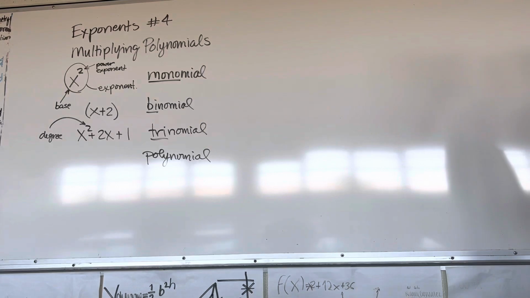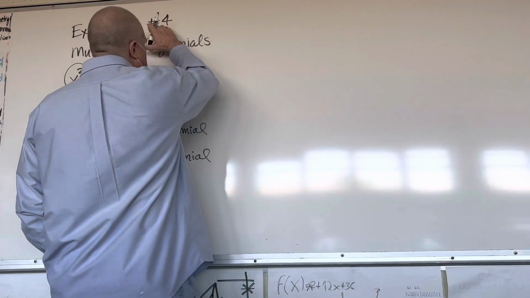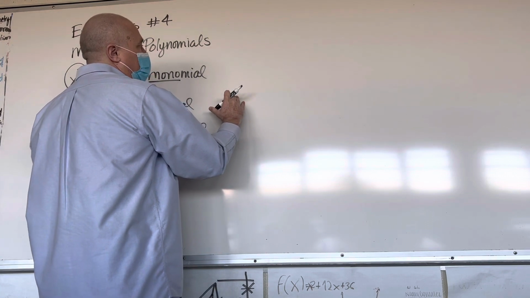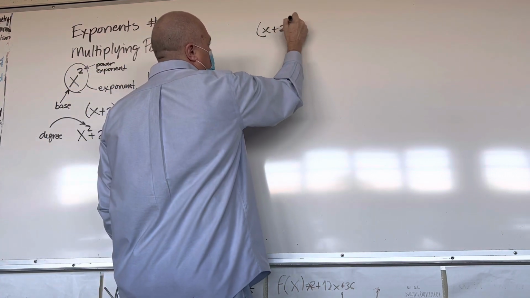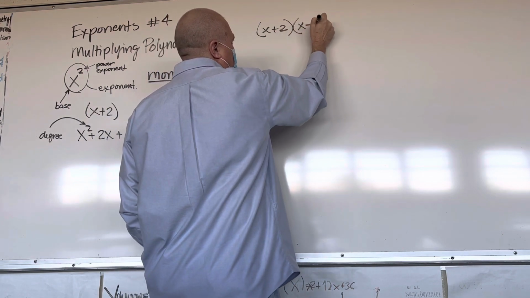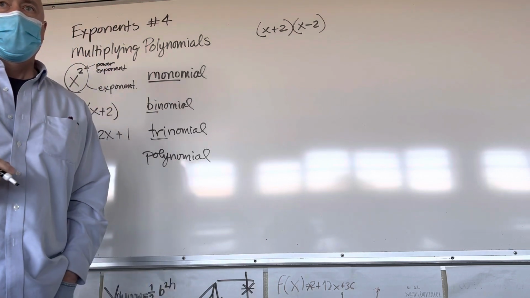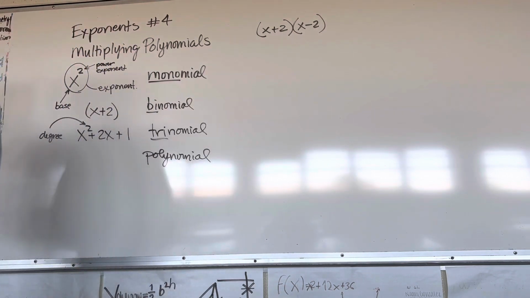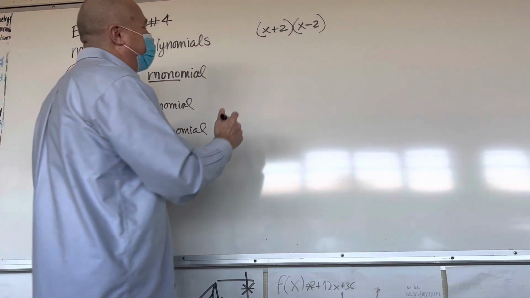Now let's go back, and for exponents 3, we multiplied binomials. So here's 2 binomials: x plus 2 times x minus 2. Let's do an interesting one, where the signs change between them. What was the method we did last time? FOIL.